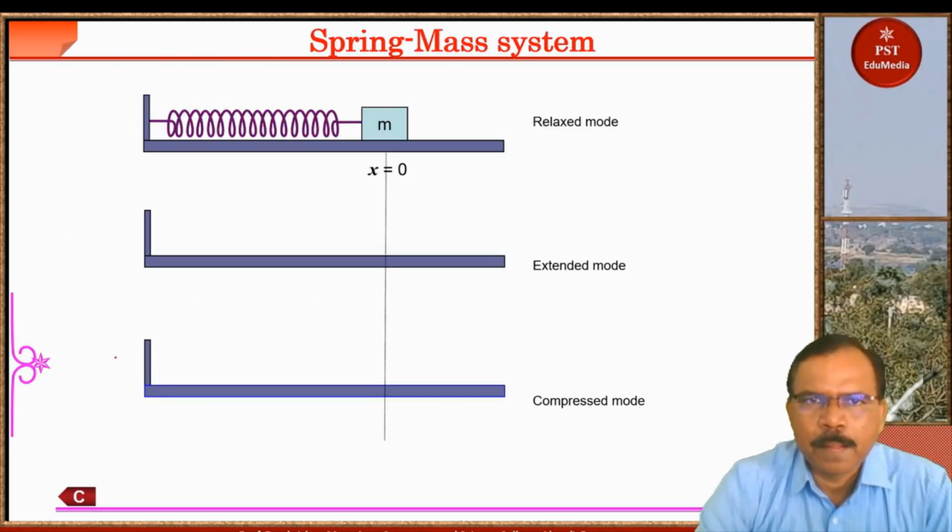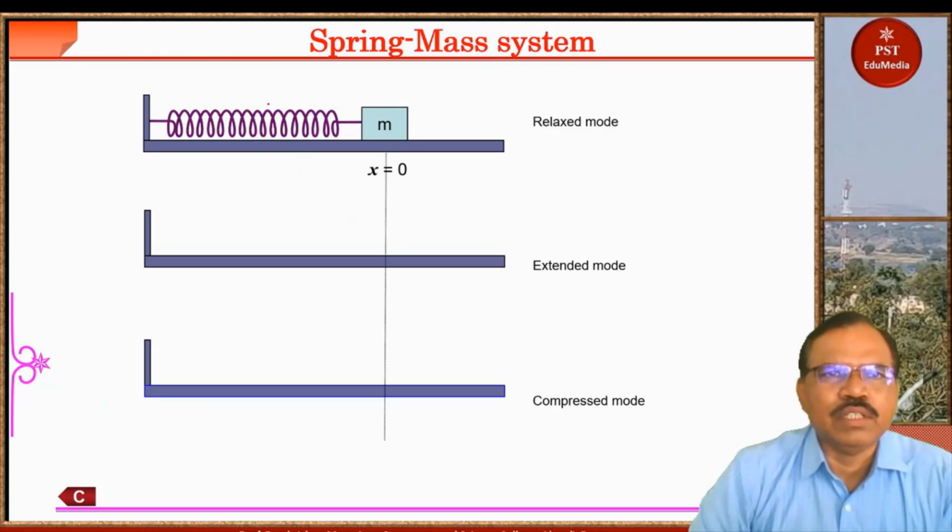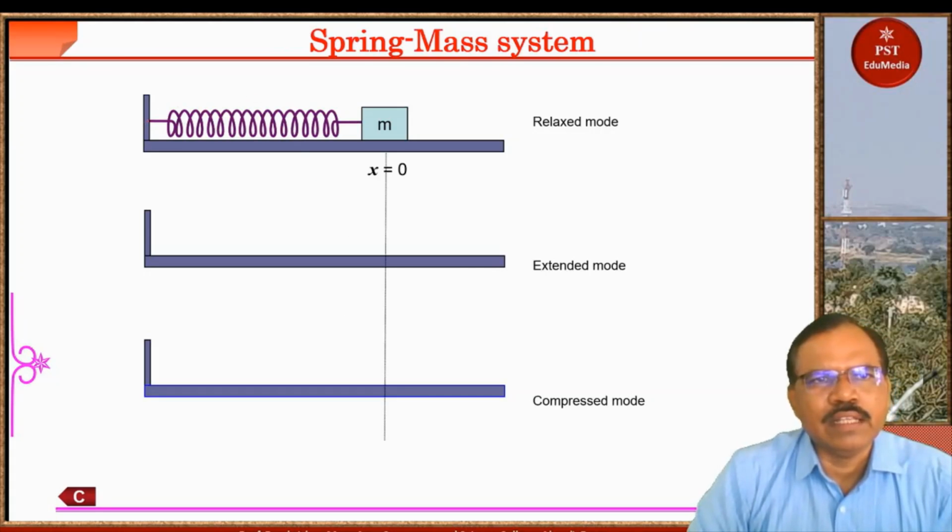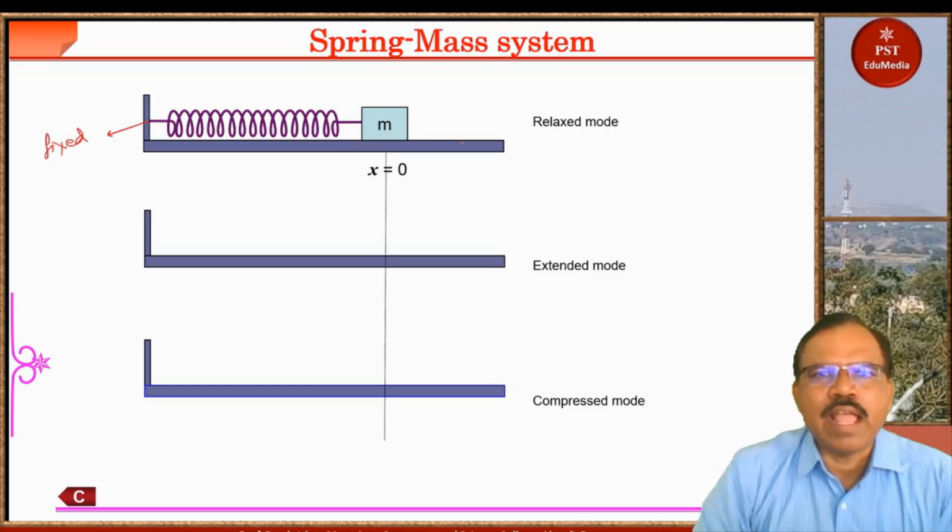Now if we take a simple example, a spring mass system. This is a horizontal spring, here it is fixed and the other end is attached to a block of mass m, and here it is a frictionless surface.